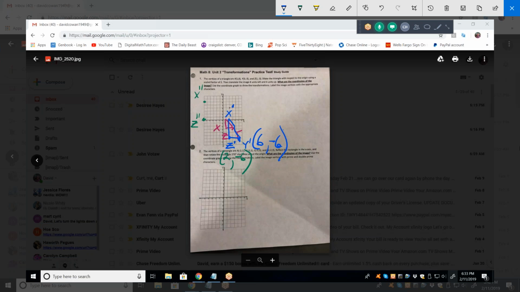Where do you go? -2, 0. Let's get in the right order. The X, -2, 0. There you go. It makes a big difference. It's a different point on the plot. So you always got to give the X coordinate first.